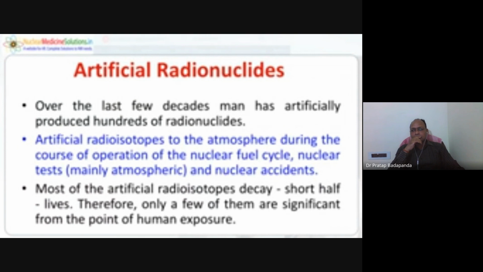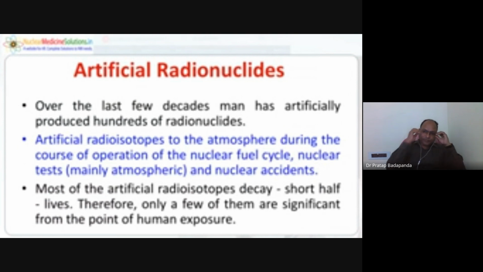Over the last few decades, man has artificially produced hundreds of radionuclides for various purposes in medicine, industry, research, and agriculture, and these artificial radioisotopes are released to the atmosphere during the course of the nuclear fuel cycle, nuclear tests and nuclear accidents. Most of the artificial radioisotopes decay, having short half-lives. Therefore, only a few of them are significant from the point of view of human exposure.